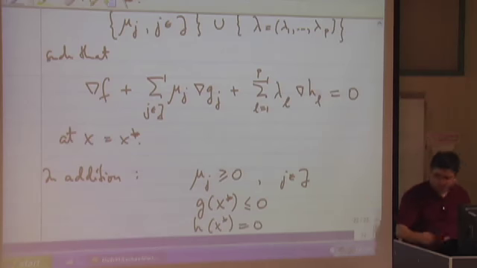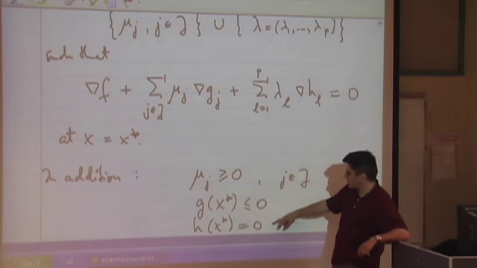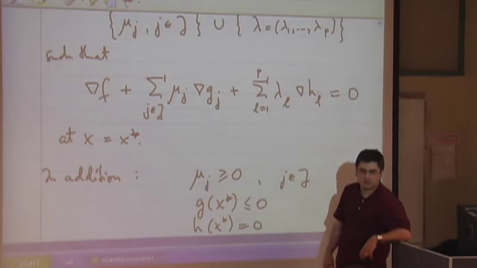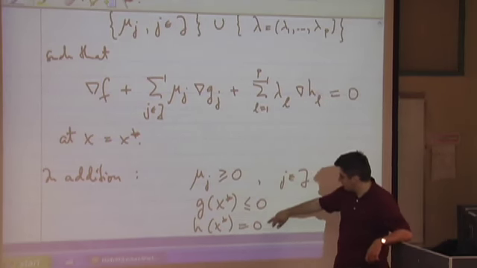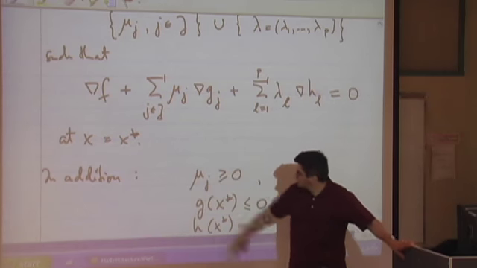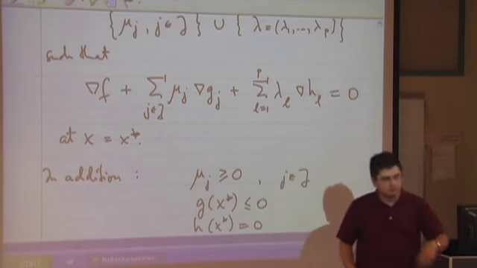These last two are obvious because that's just saying that x star is a feasible solution. Why is this mu_j positive?